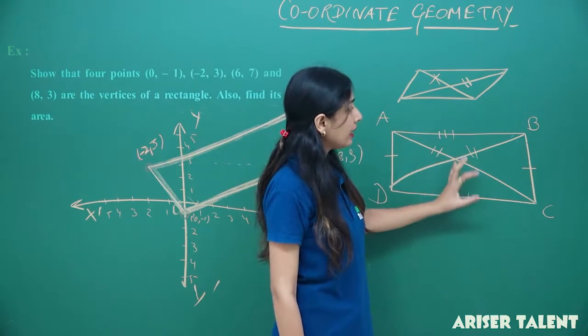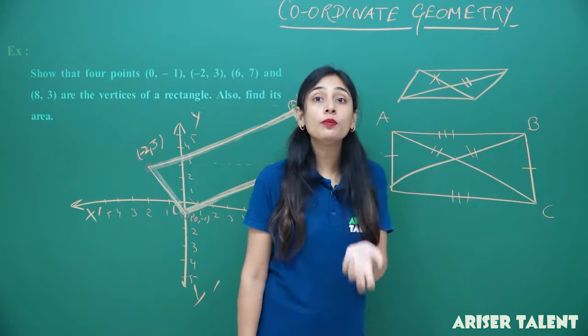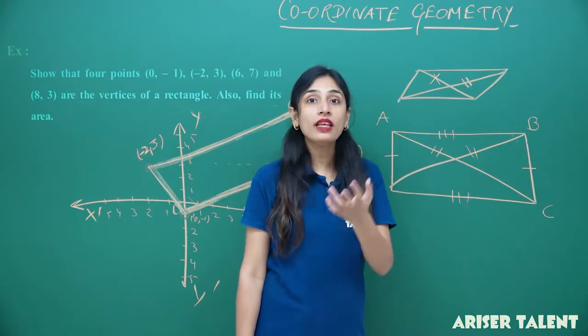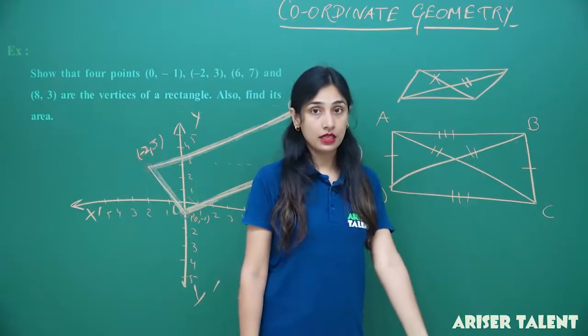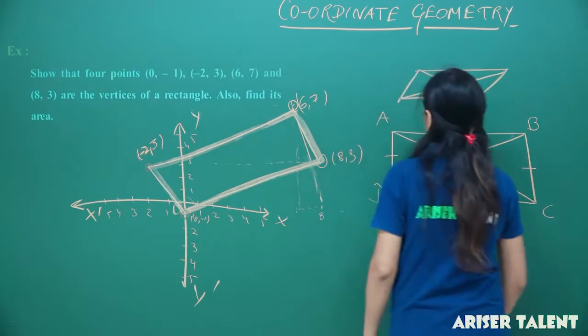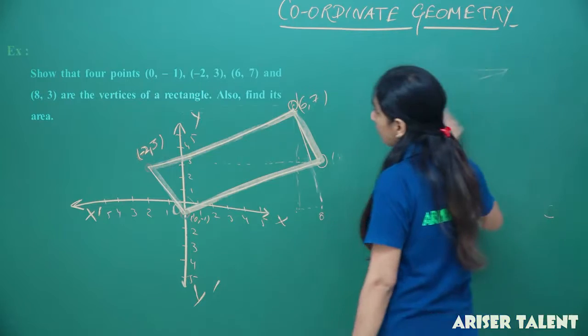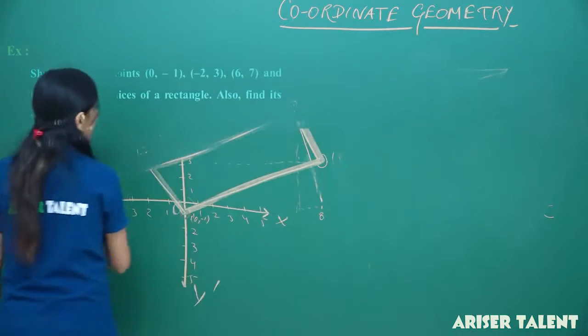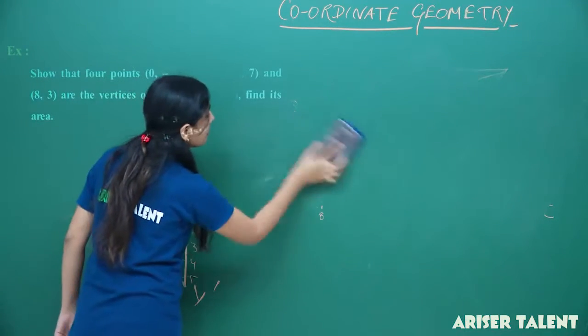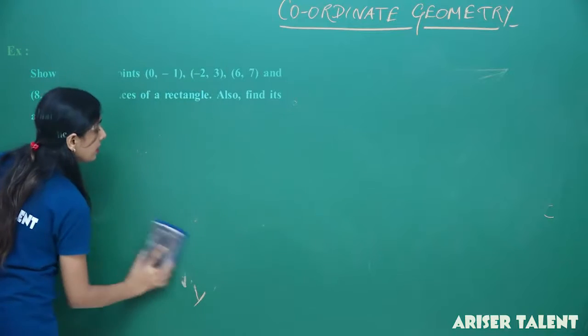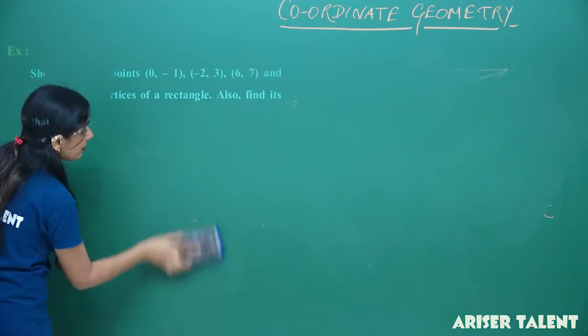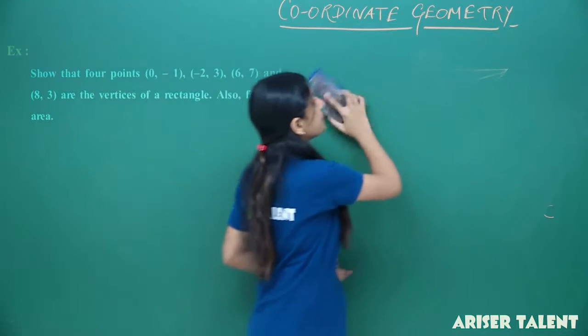If you show these 3 pairs, then you prove that this is a rectangle. So in that chain, we will start doing the work. Understood this one? I am rubbing that because we have to prove that by the distance formula.